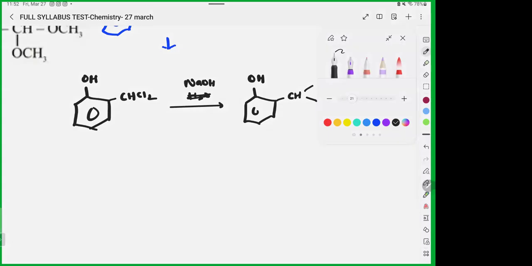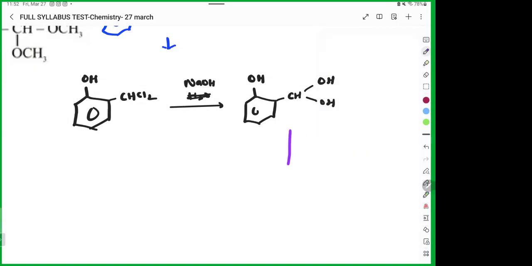Next, if you heat this, H2O will be removed. So how was aldehyde produced in the Reimer-Tiemann reaction?